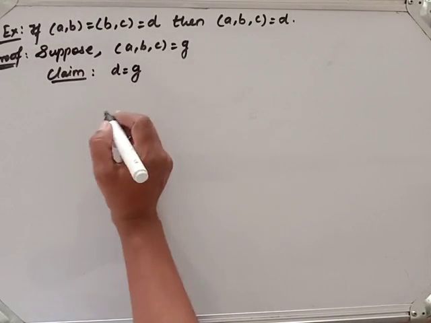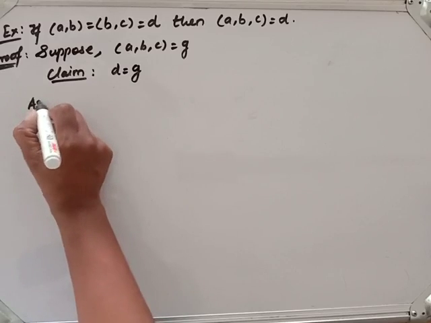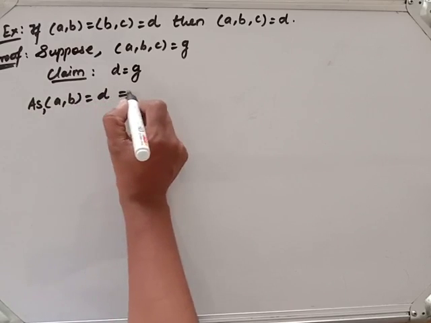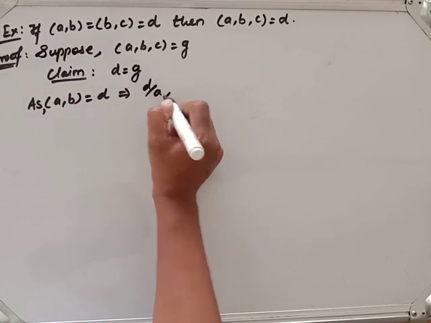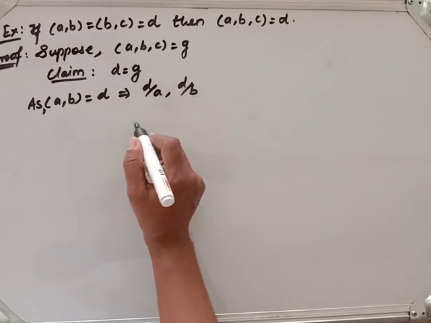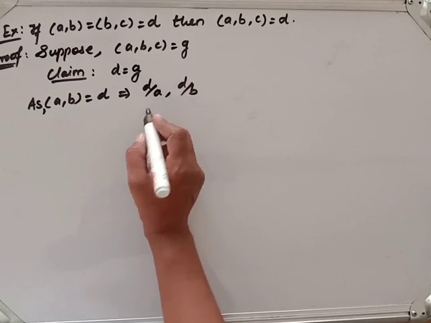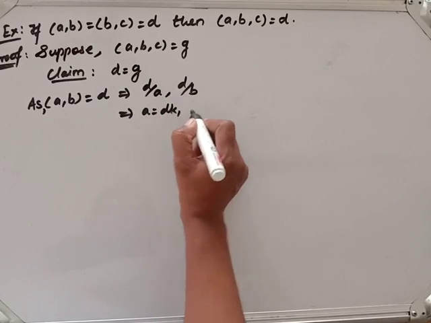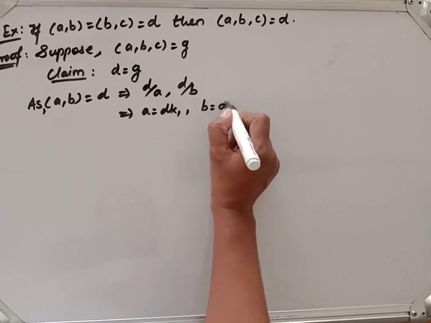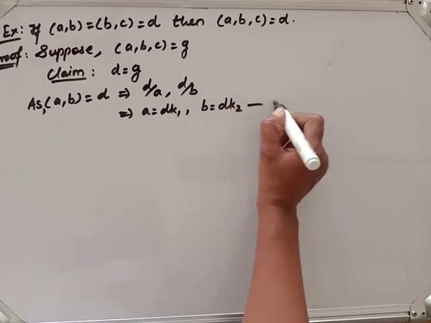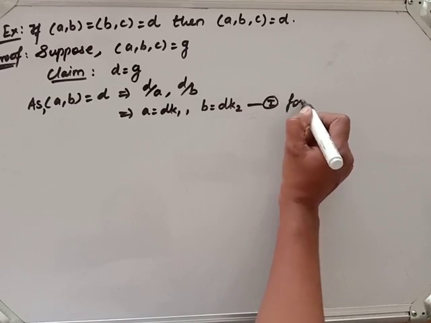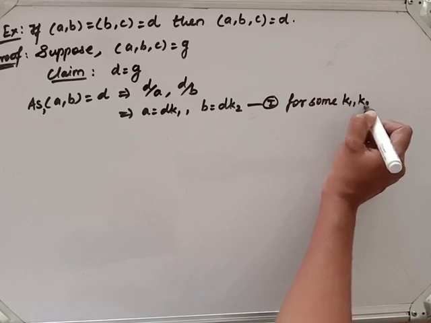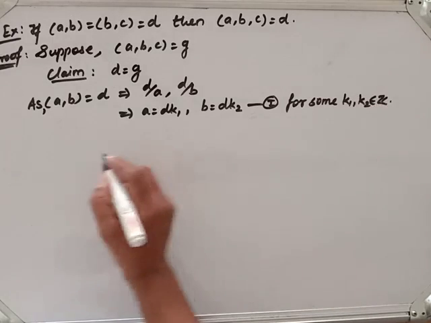Now as the GCD of A and B is equal to D, this gives D divides A and D divides B. If D divides A and B, then A is equal to dk1 and B is equal to dk2. Call it equation number 1, for some k1, k2 belonging to Z. These are integers.